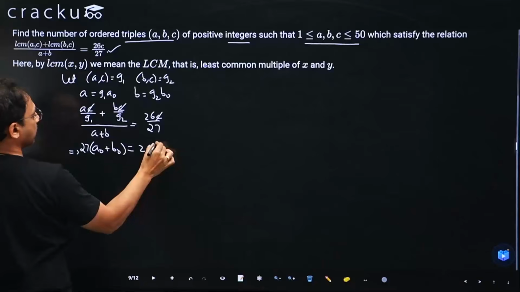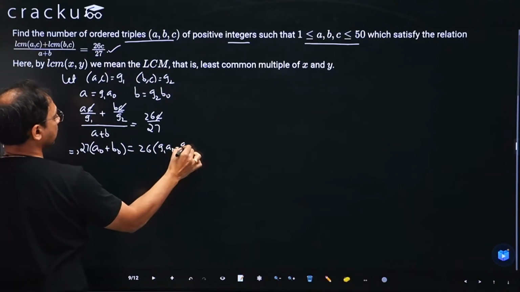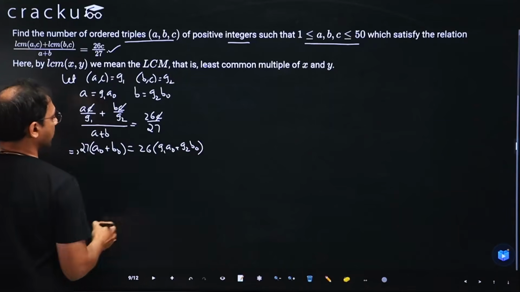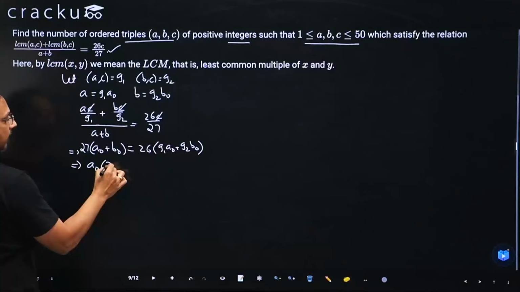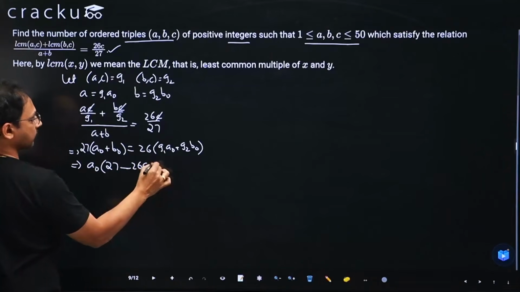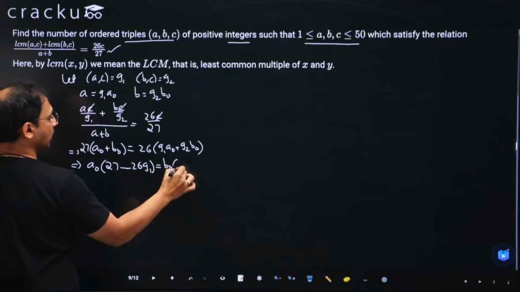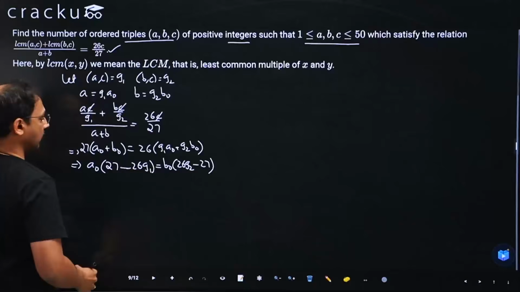We get 26 into G1 A0 plus G2 B0. Rearrange with A0s and B0s. We get A0 into 26 minus 26 G1 is equal to B0 into 26 G2 minus 27.